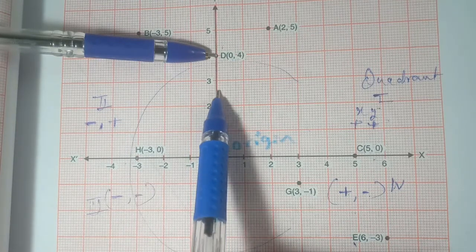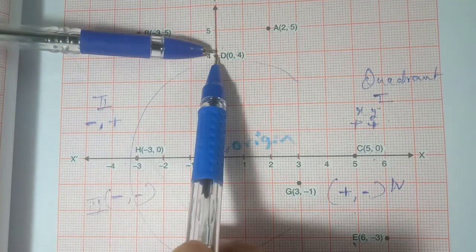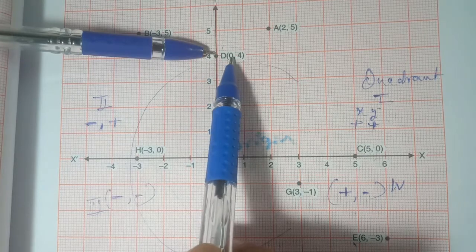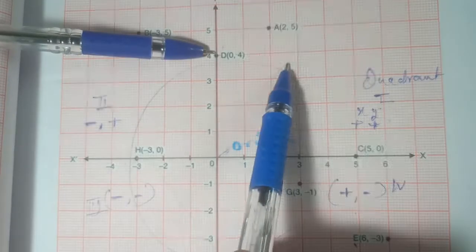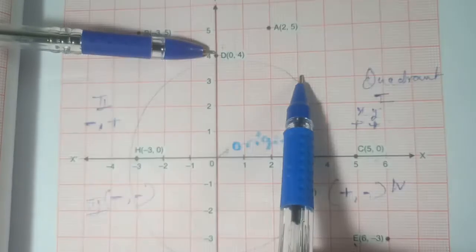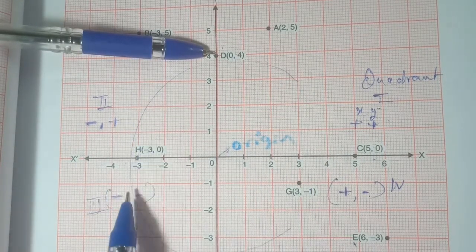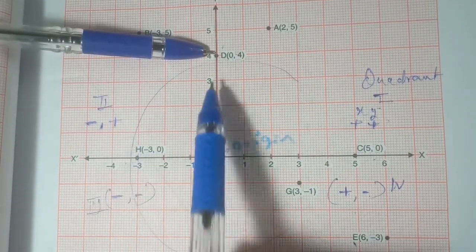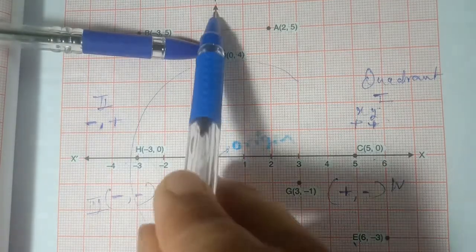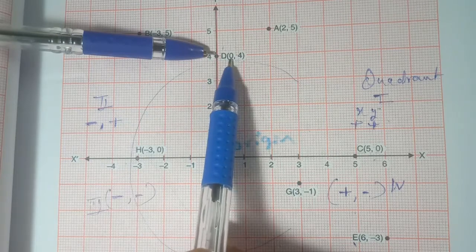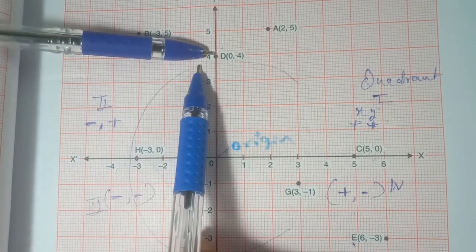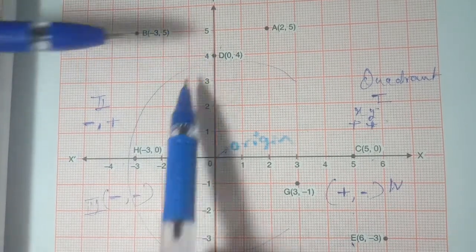So they will intersect over here at 0, 4. This point is not lying in any of the quadrants. It is not in the first quadrant, not in the second, not in the third, not in the fourth. It is on an axis, and which axis? The y-axis. So we will say the point 0, 4 is lying on the y-axis.